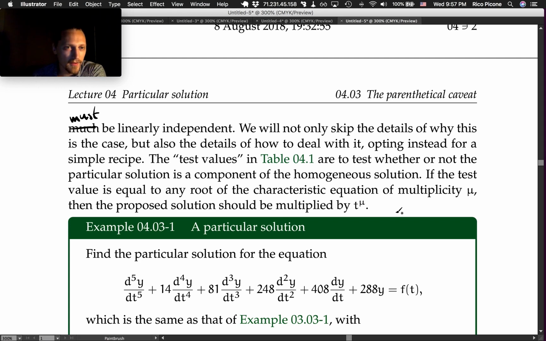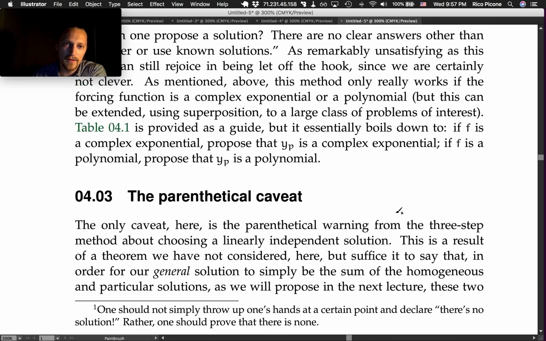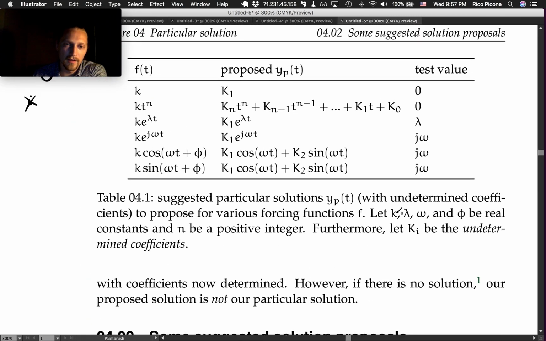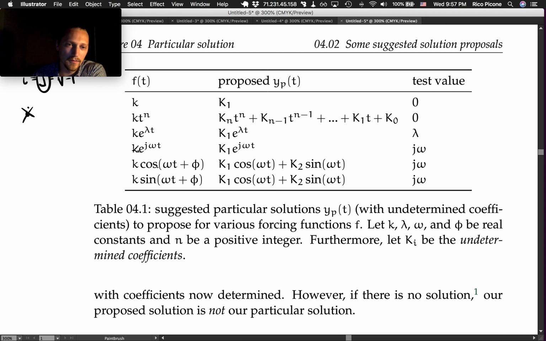so for instance, in this case, take this row. If you have k1 e to the j omega t as your proposed solution, you test to see if j omega is in the homogeneous solution.